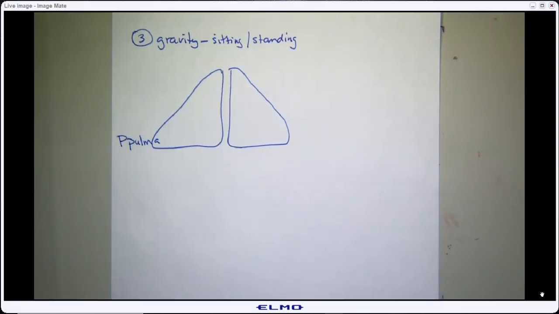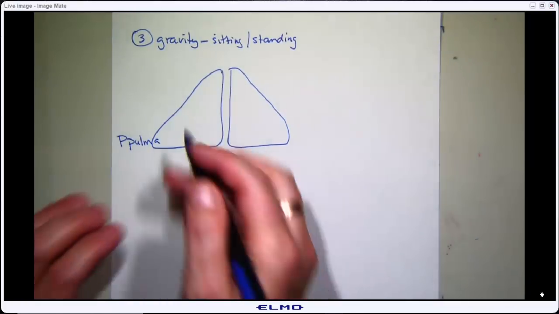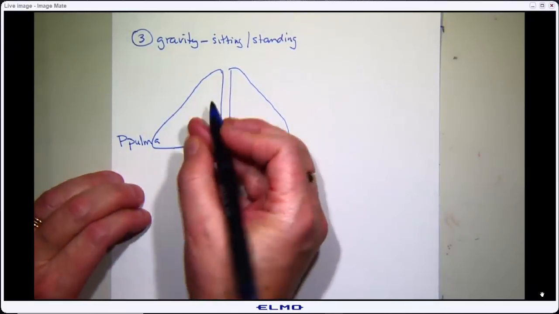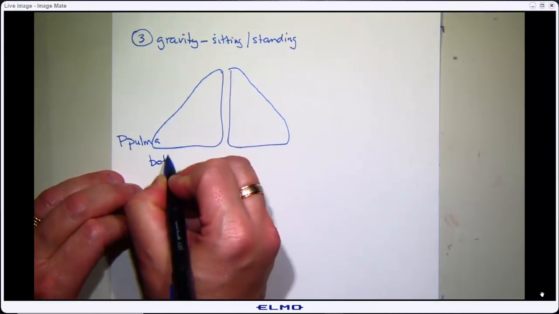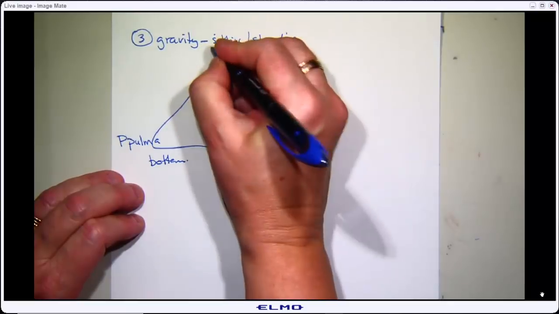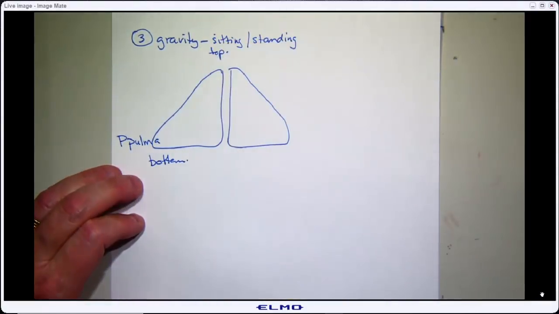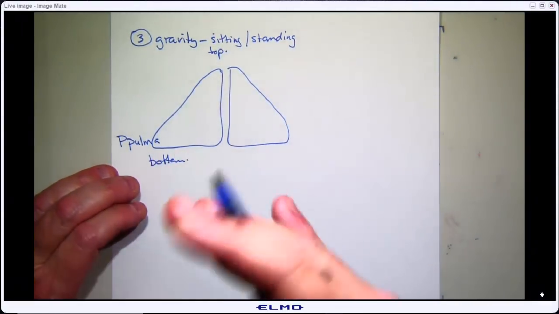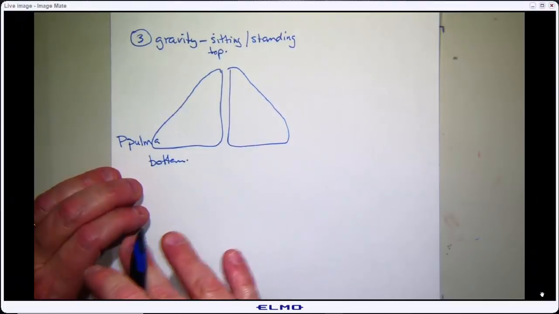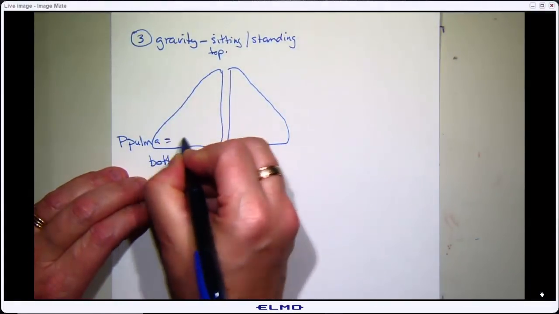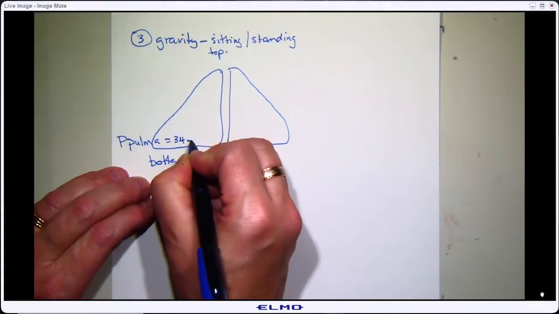There's more volume down there, so there's going to be more pressure down there. So this is the bottom of the lung, this is the top. At the bottom, we will have more volume. More volume would equal more pressure, so it's going to be about 34 millimeters of mercury.